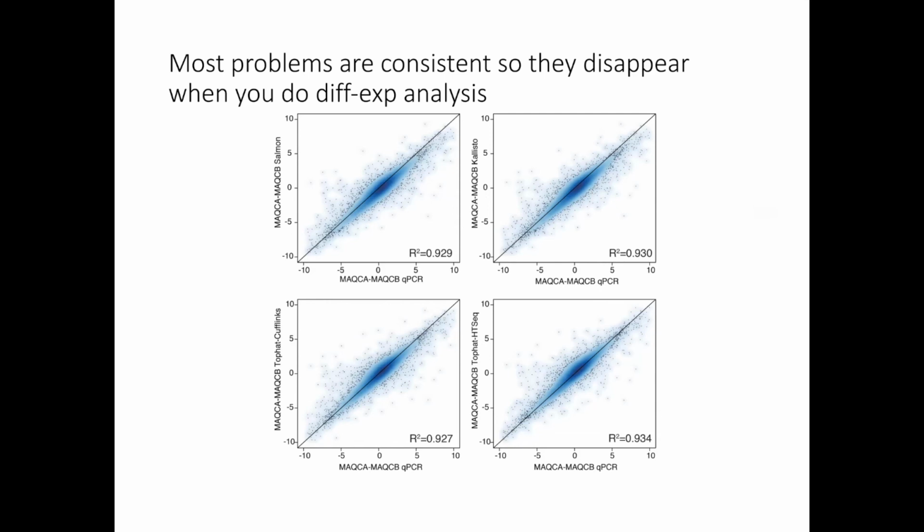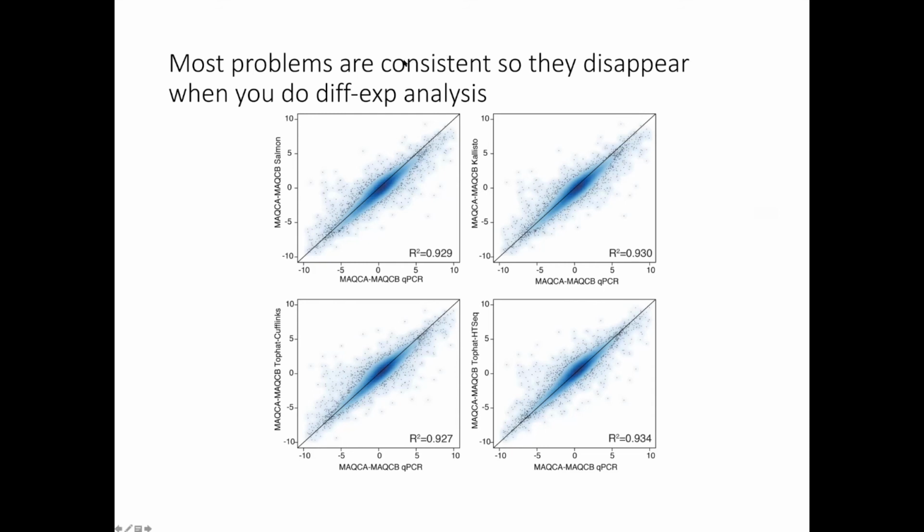So that means that when you're doing comparisons between samples, you are getting the same error for all the samples. So when you start comparing between samples, even though the expression levels might be different between qPCR and the method, this method stays the same.